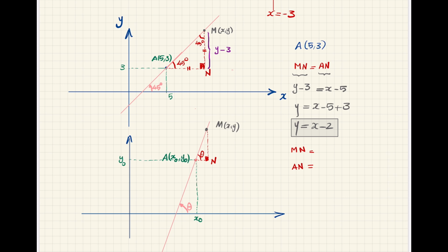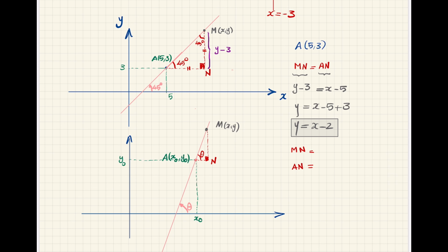What was the idea? This is important. When you learn mathematics, don't give up on ideas unless they are useless. Could you write MN as y minus x naught, like the green line?